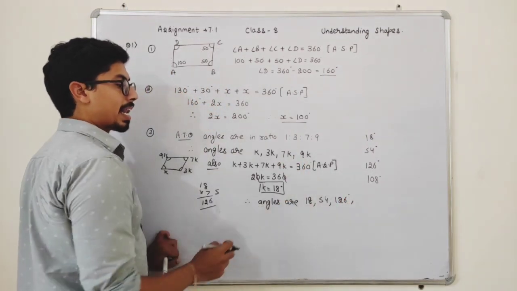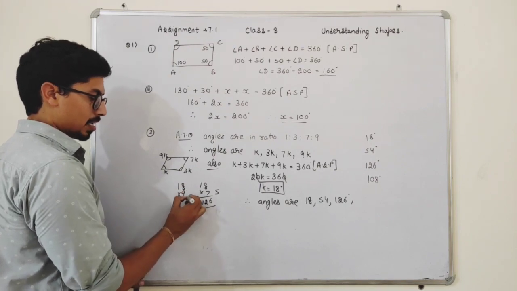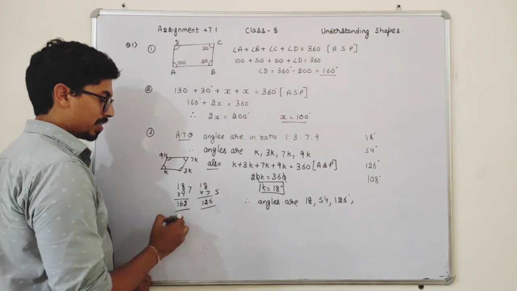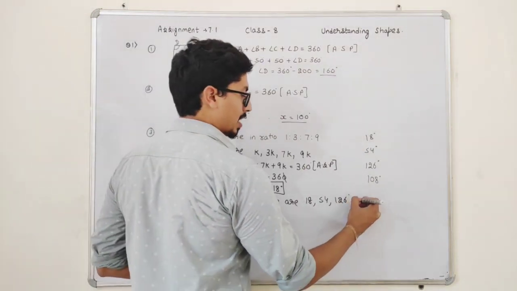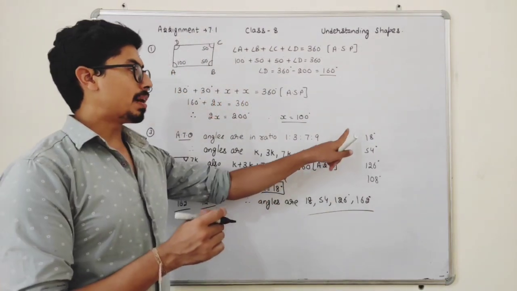Next is 9k, so 18 multiplied by 9. 8 nines are 72, carry 7, 162. So these are the four angles of the quadrilateral.